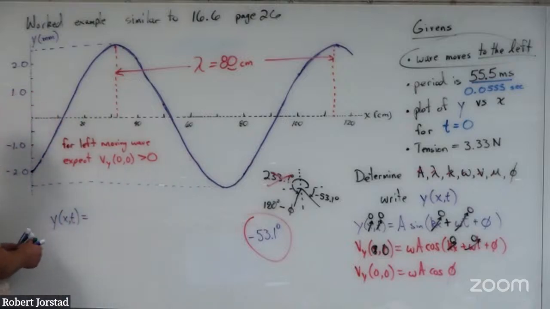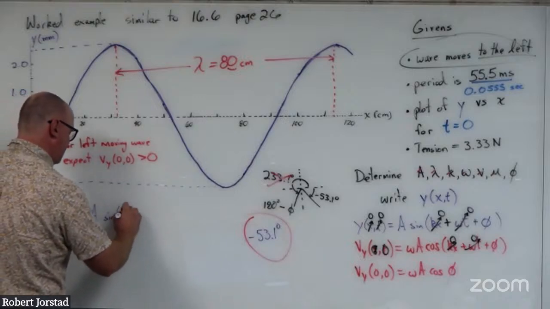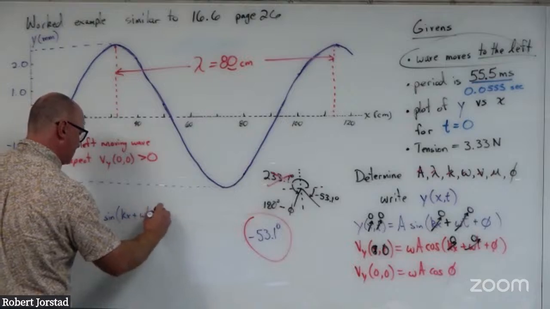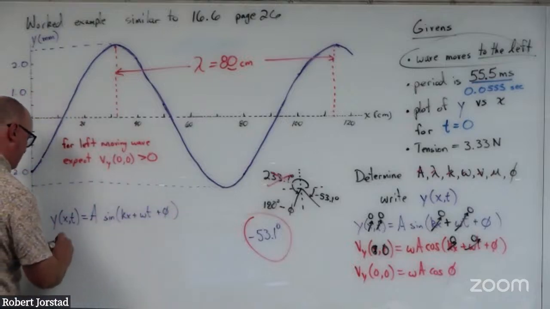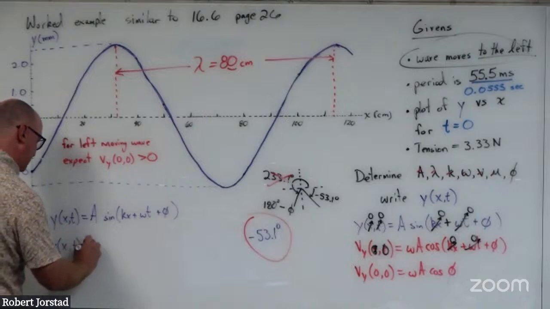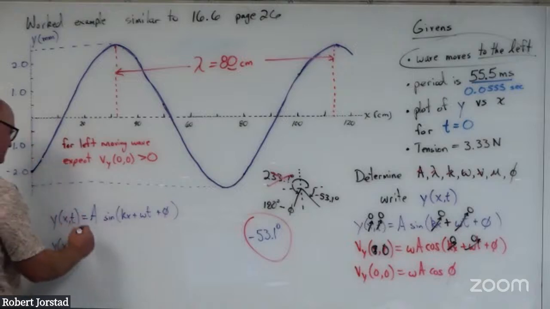Let me show you what I mean. We could just write this as A sine kx plus omega t plus phi and have the numbers all written somewhere else. But if you want to write this with the numbers plugged in, it's basically being considered to include the units here.